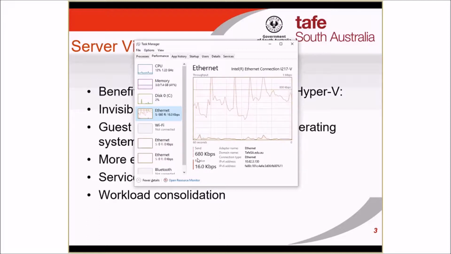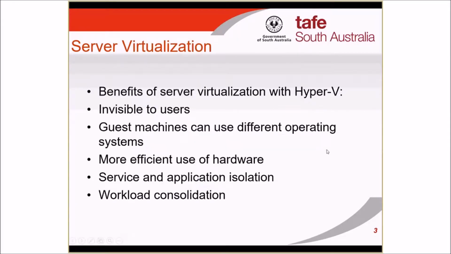It's a gigabit network, but I'm only sending 680 kilobits and receiving 8 kilobits, or 24 now. So it's fluctuating, but that's not at all the capacity of my network card, is it? So what I'm trying to say is that most of the time our physical hardware isn't being used fully. The resources are being wasted. It's not like you get a discount because you're not using the CPU or the memory or the network card.